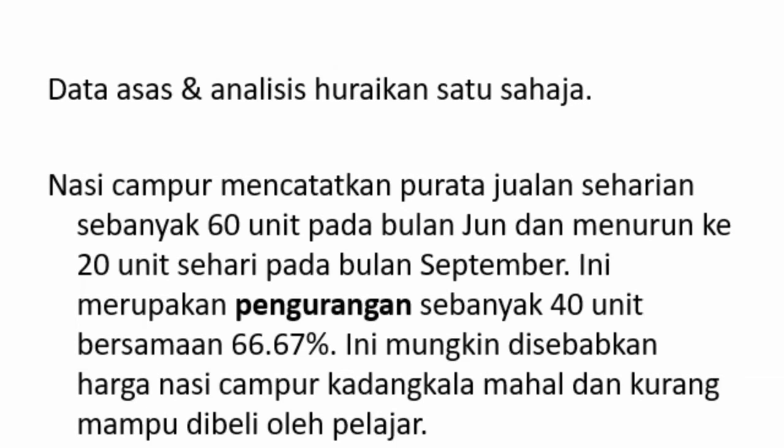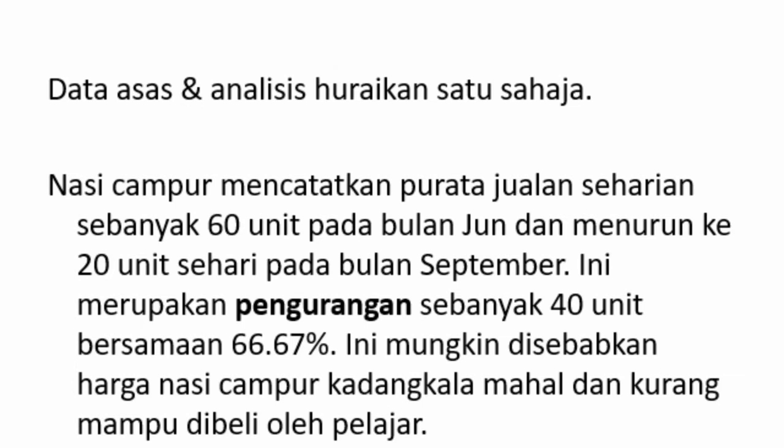Okay, so bagaimana nak buat data asas dan analisis? Okay, because there are two items that you mentioned, nasi campur and mi goreng, you don't have to do both. You just choose one. So cikgu pilih nasi campur dan cikgu jawab dia sebiji seperti yang saya buat isi pertama tadi. Okay? Nasi campur mencatatkan purata jualan seharian sebanyak 60 unit pada bulan Jun dan menurun ke 20 unit sehari pada bulan September. Ini merupakan pengurangan sebanyak 40 unit bersamaan 66.67%.